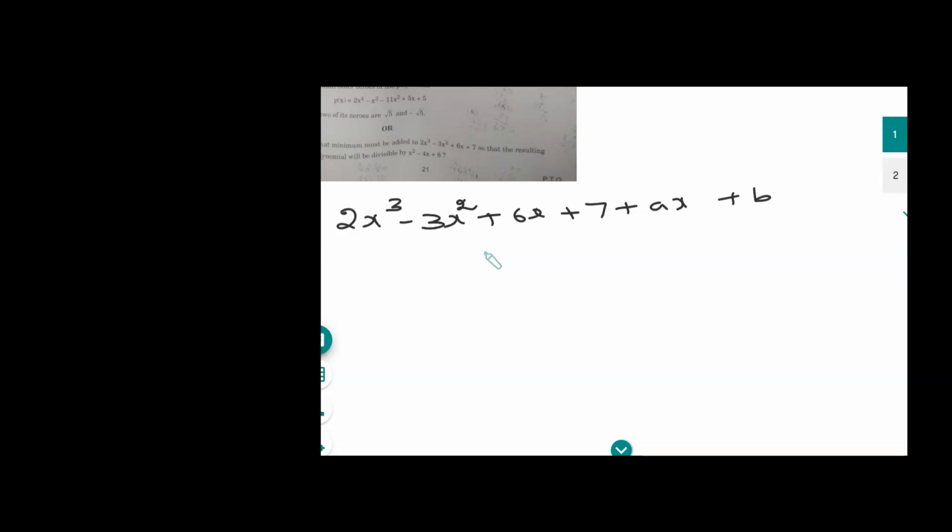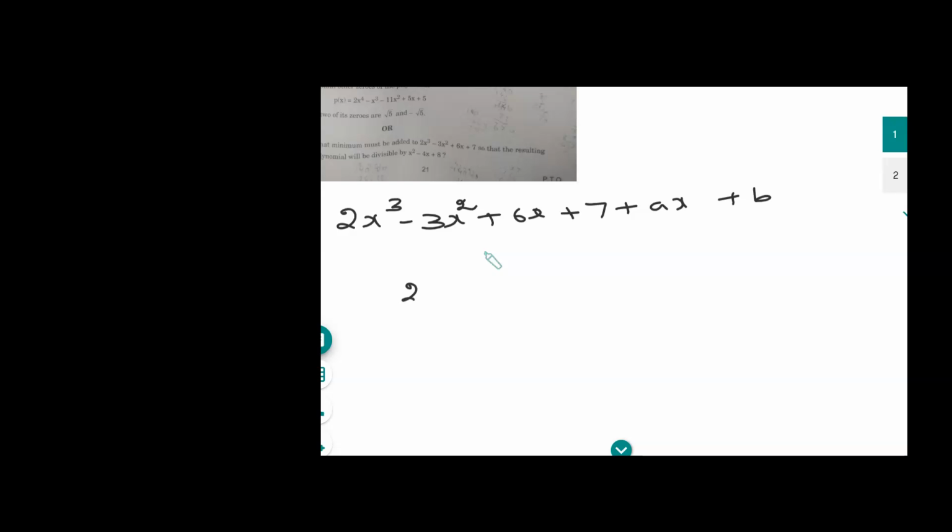Let us say this is the minimum polynomial to be added. Because the divisor is x squared minus 4x plus 8, the polynomial to be added should be of a lesser degree, so it is ax plus b. So now let us divide that and see.